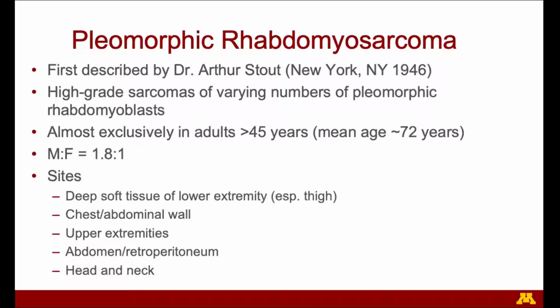These tumors almost exclusively occur in adults older than 45 years of age, with a mean age of 72 years. Pleomorphic rhabdos occur more in males than females, and like alveolar rhabdomyosarcomas, this tumor commonly occurs in deep soft tissue of lower extremity, particularly in thigh. Less common locations include chest and abdominal wall, upper extremities, abdominal retroperitoneum, and head and neck region.